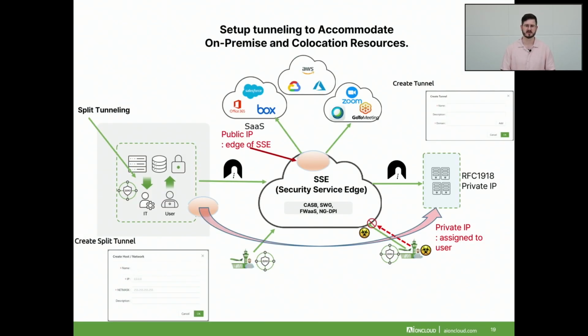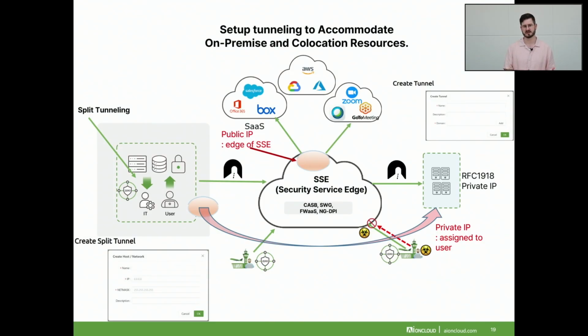Now, at the same time, not everything in a business environment needs to go through the cloud, but AIONCLOUD still accommodates for this reality. AIONCLOUD isn't designed to be just used remotely, but it's also designed to be used from inside your headquarters, your main offices. For example, on the left side here, you can see that a user is trying to access a resource that is located on premises.